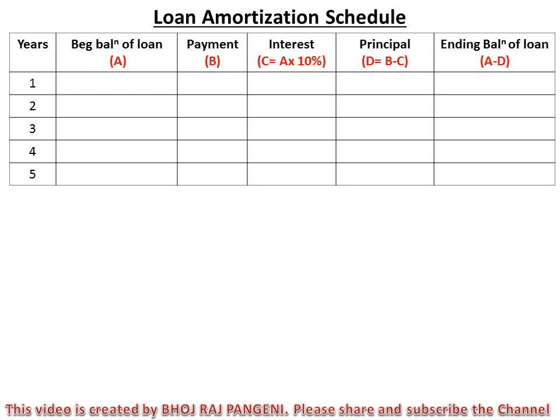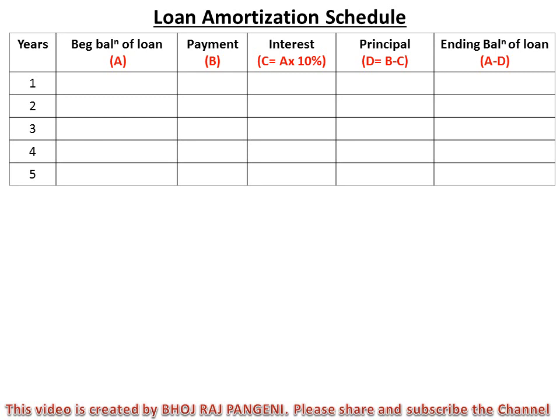Let's go. Beginning balance of loan. At first, in year 1 there is 10,000 as the beginning balance of loan, because the college borrowed rupees 10,000 as a loan. For year 1, 10,000 is our beginning balance of loan.